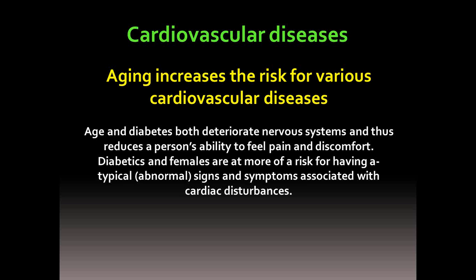So we have to keep in mind that there are those three segments of the population that aren't going to follow the rules. And just because they're not following the rules doesn't mean we should not pick up on what's going on.